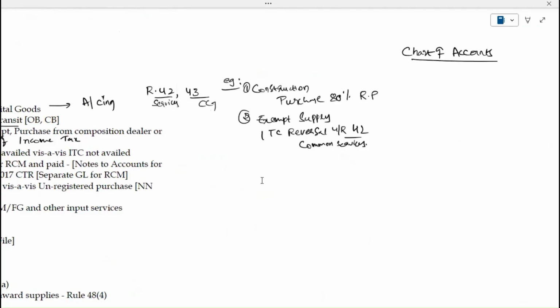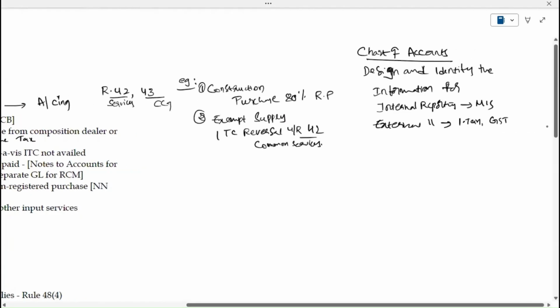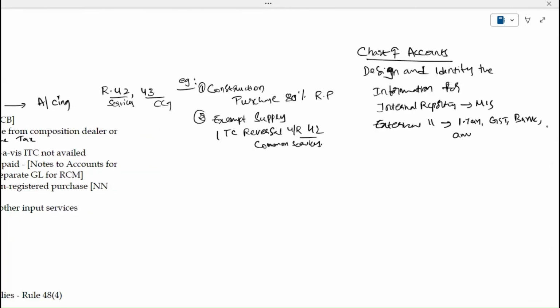My chart of accounts will help me to design and identify the information for internal reporting, say for MIS purpose, external reporting, maybe for income tax, maybe for GST, maybe for banks, maybe for any other statutory authorities.